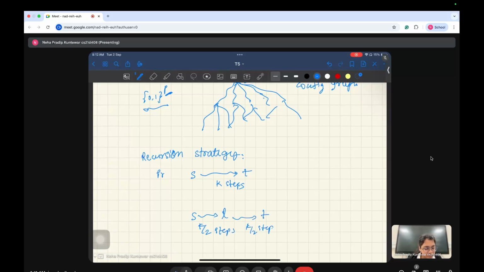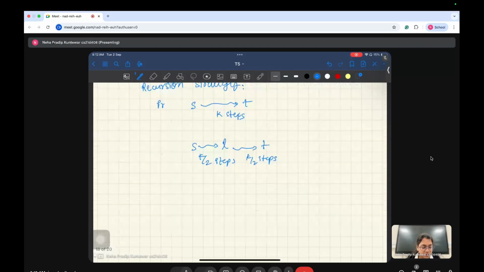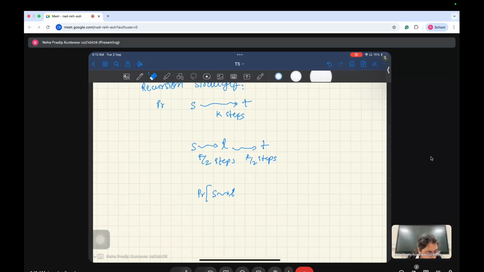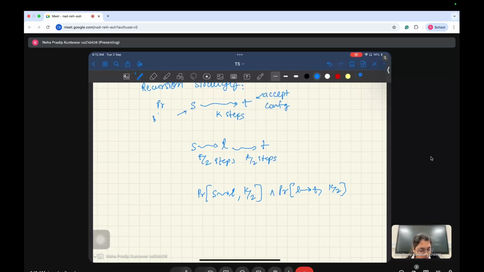So what this really boils down to is the probability that there's a path from S to L in k/2 steps, and the probability that there's a path from L to T in k/2 steps, where T is our accept configuration and S is our start configuration.